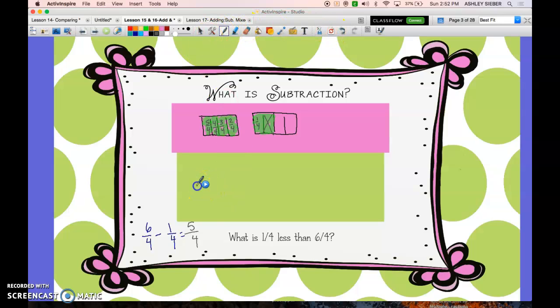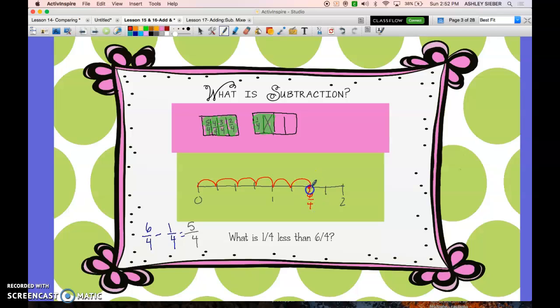All right, now for my number line, I know that I'm going to need 2 wholes. Each whole is broken up into 4 parts because my denominator is 4. I'm going to start by jumping up to 6/4 and then taking away 1/4. So 1/4, 2/4, 3/4, 4/4, 5/4, 6/4. Here's 6/4.